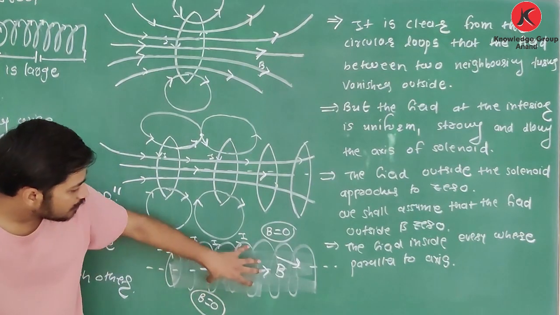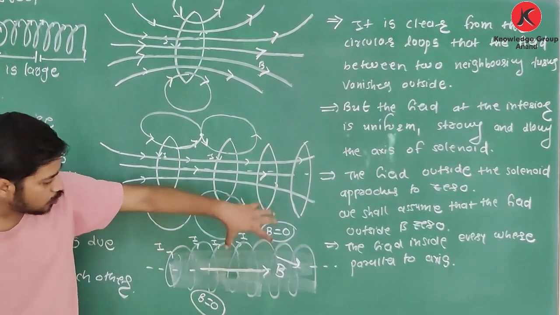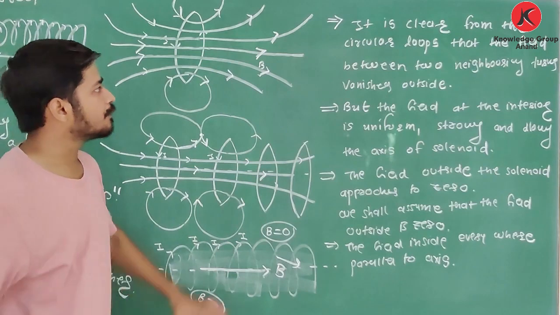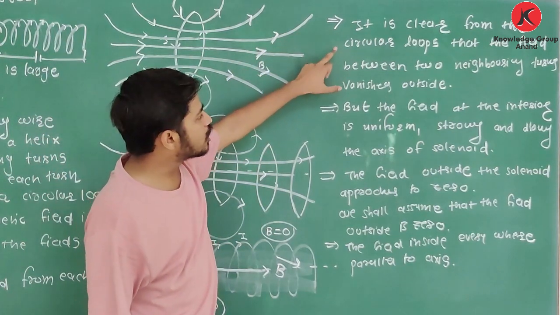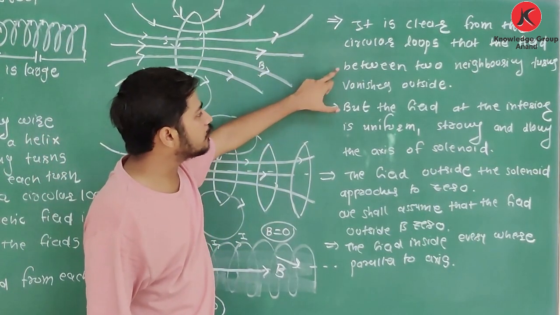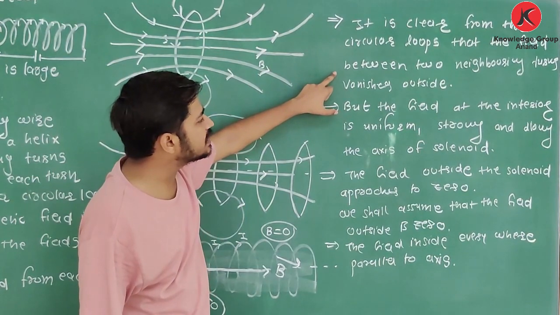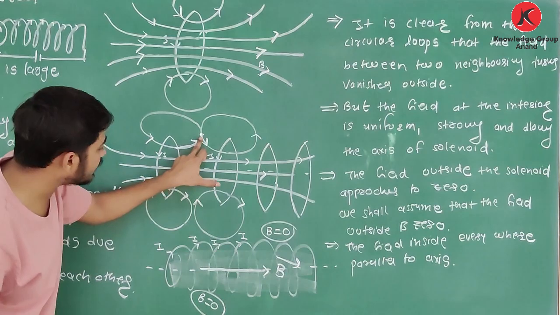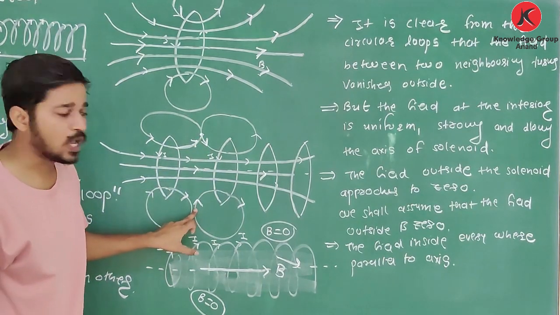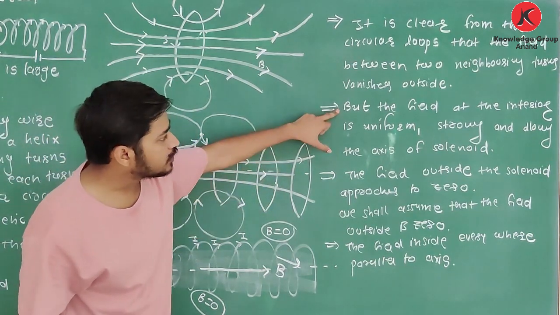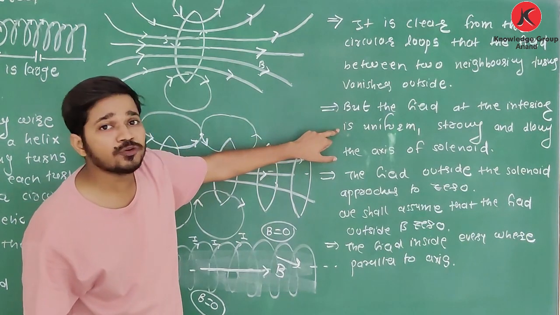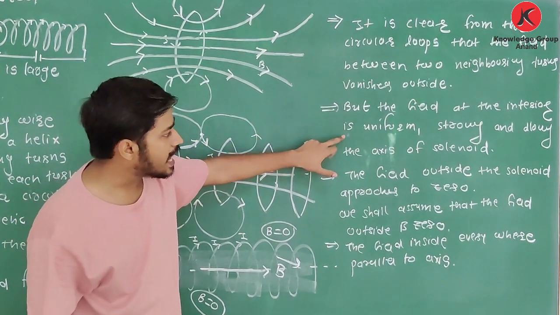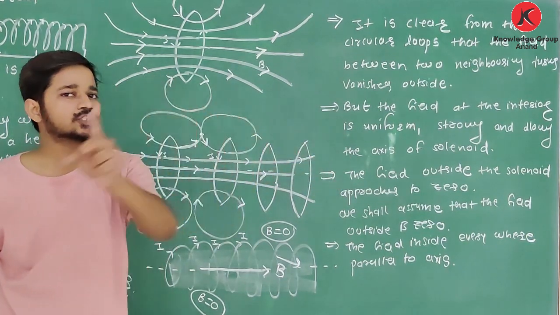So from these figures, now we can make some conclusions. It is clear from the circular loops that the field between two neighboring turns vanishes outside. What happens inside? The field at the interior is uniform, strong, and along the axis of the solenoid.